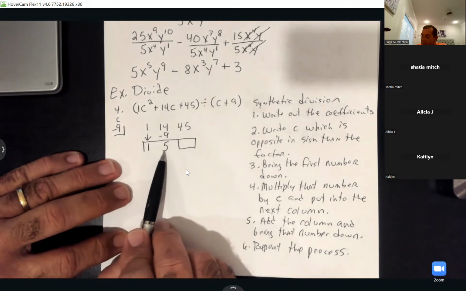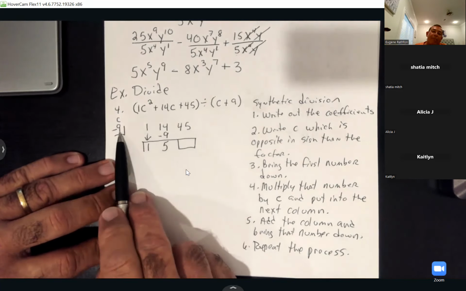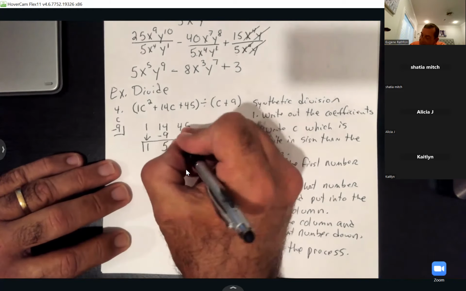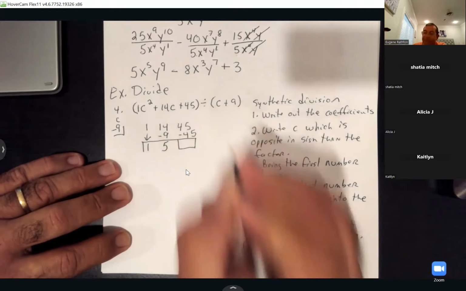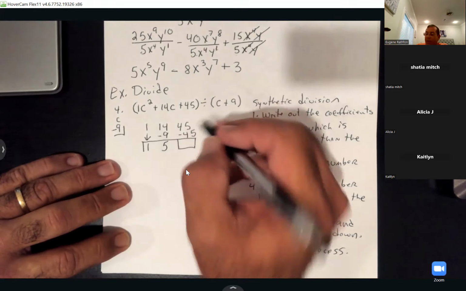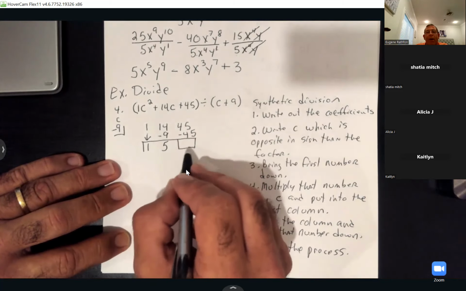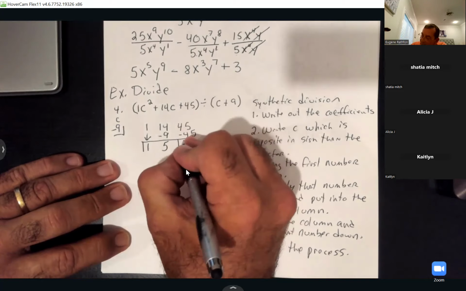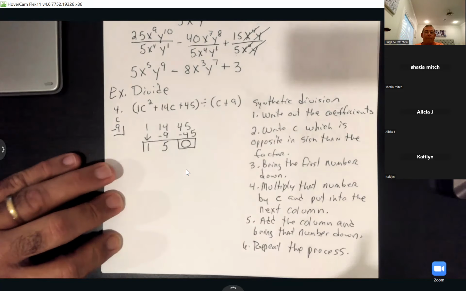This number that I brought down gets multiplied by my C. 5 times negative 9 is negative 45. Then you add these two numbers to get your remainder. The remainder is always in this box. 45 minus 45 gives me a remainder of 0.